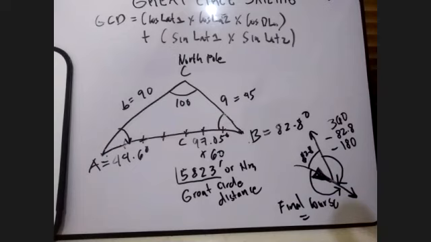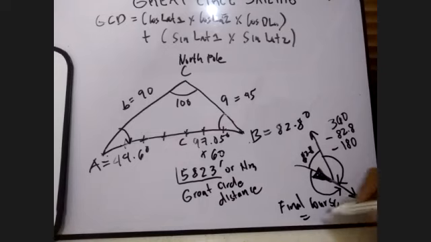So let's calculate 360 minus 82.8 minus 180, and the answer is 097.2.